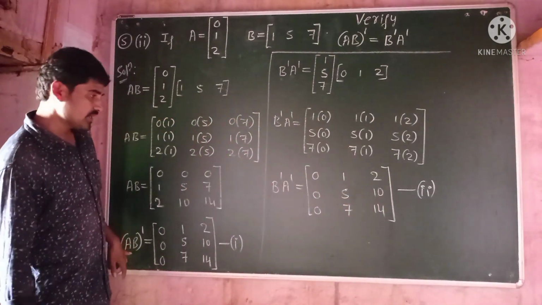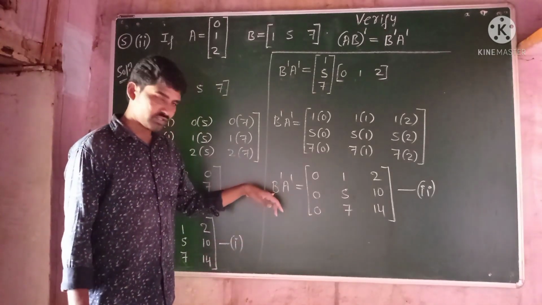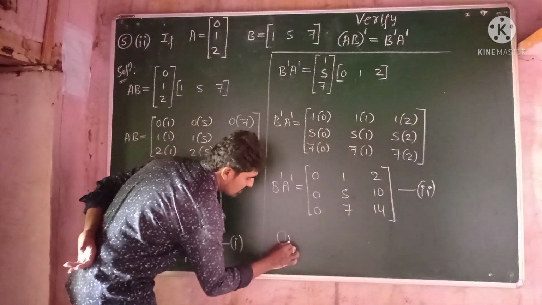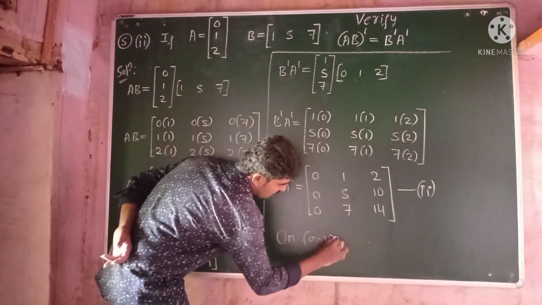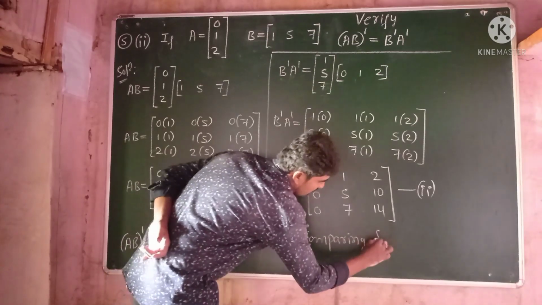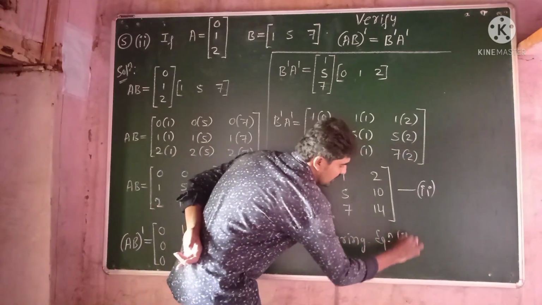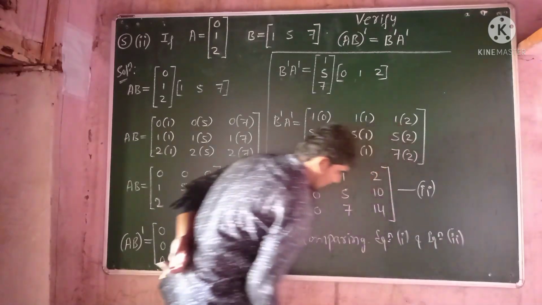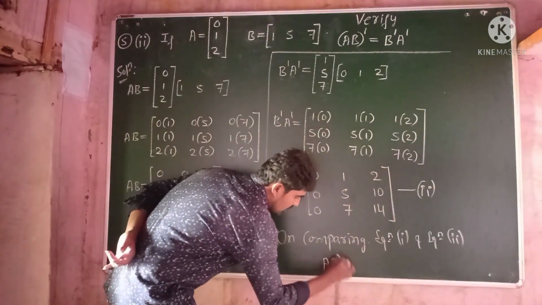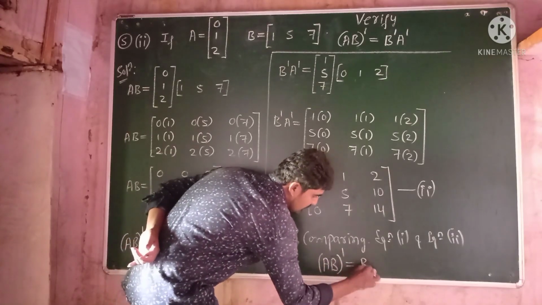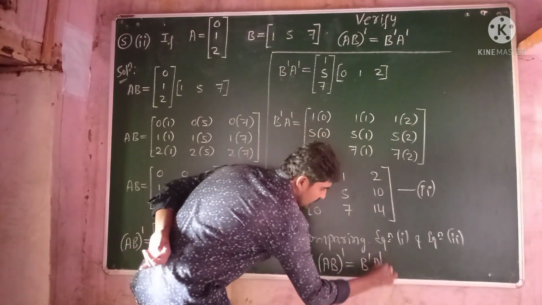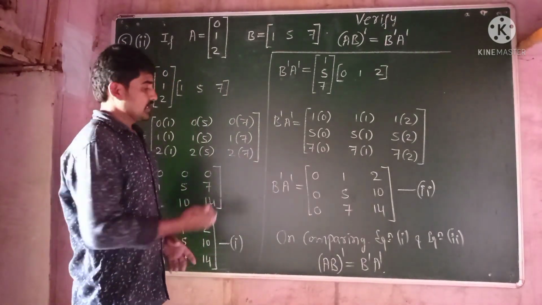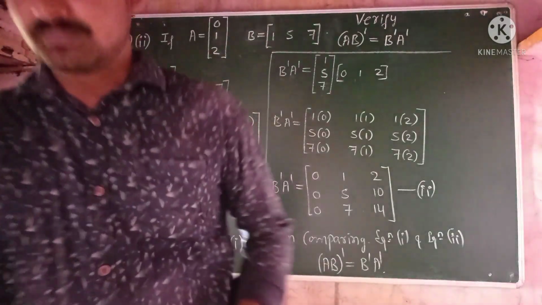So transpose of the matrix AB is equal to transpose of the matrix B into transpose of the matrix A. Hence, on comparing equation 1 and equation 2, transpose of the matrix AB is equal to transpose of the matrix B into transpose of the matrix A. I hope all of you understood. If possible, take a note.